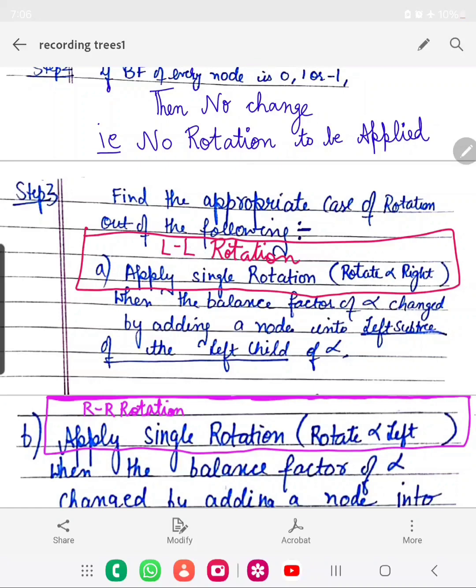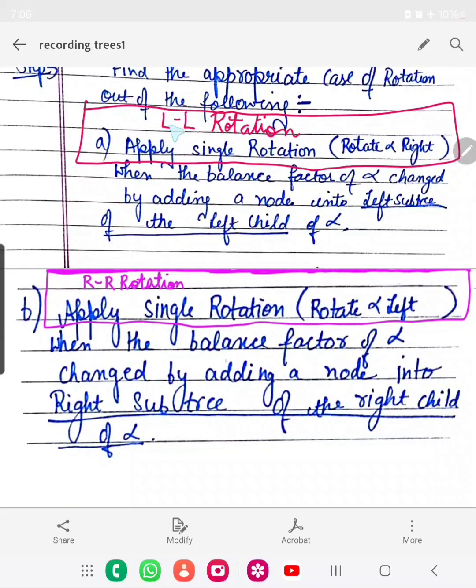LL rotation. LL means when we add a node to the left child's left subtree of alpha. So when the balance factor of alpha is changed by adding a node into the left subtree of the left child of alpha.